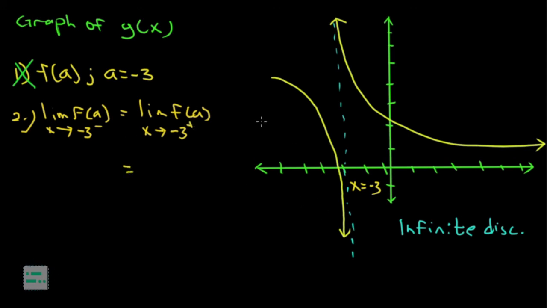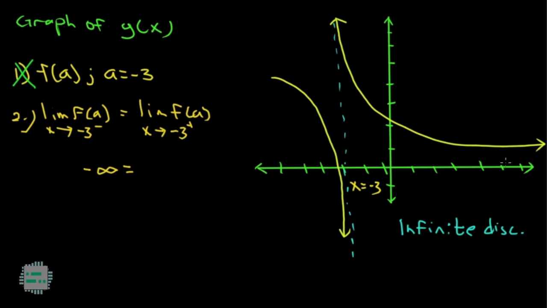Tingnan natin. Meron ba siyang limit? May makukuha ba tayong limit dito? Sa left, this will go on forever. Pababa ng pababa. Which means, may arrowhead. Negative infinity tayo sa left side.